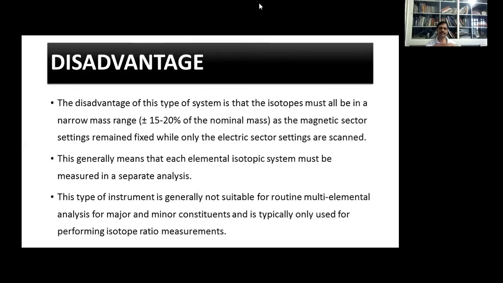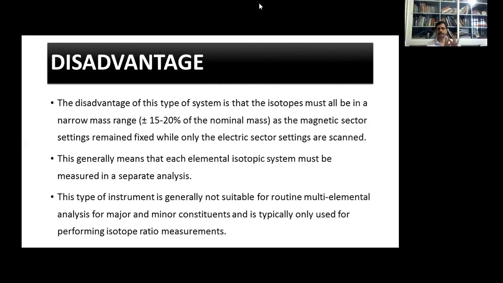This also has disadvantages. Here, isotopes must all be in a narrow mass range, plus or minus 15 to 20% of the nominal mass. If the mass of one element's isotope is 18 and the other is 26, then it becomes difficult. In most occasions the isotopes are very close, where the change in mass between the isotopes may be plus or minus 15 to 20%.